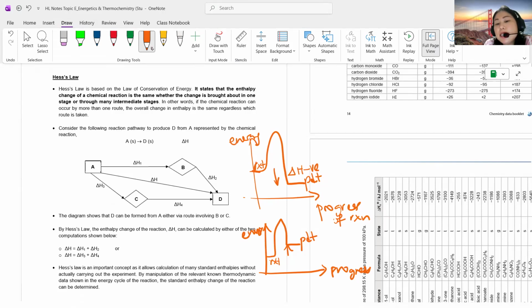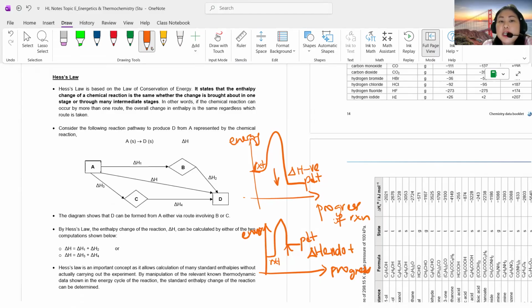So the reaction gains heat energy to have greater energy, and therefore the product ends up with higher energy than the reactant. So this type of reaction, we call it an endothermic reaction, where heat is taken in from the surroundings, right? So basically, we can see that delta H is the energy difference between the product and the reactant after the reaction is over, right?